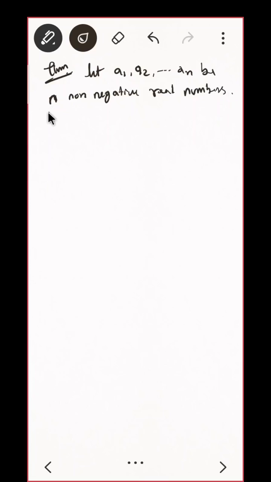Then prove that the geometric mean of these n numbers is less than or equal to their arithmetic mean.